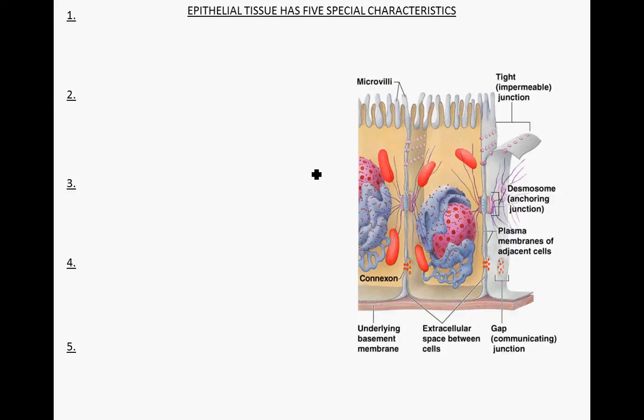So the epithelial tissue has 5 special characteristics. Number 1 is that the cells of the epithelium, since they're covering and lining, are closely bound together to form a sheet.